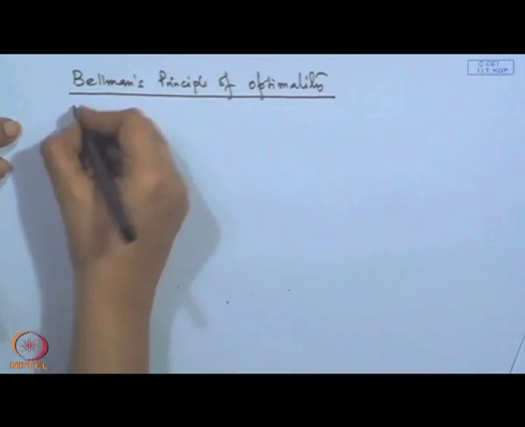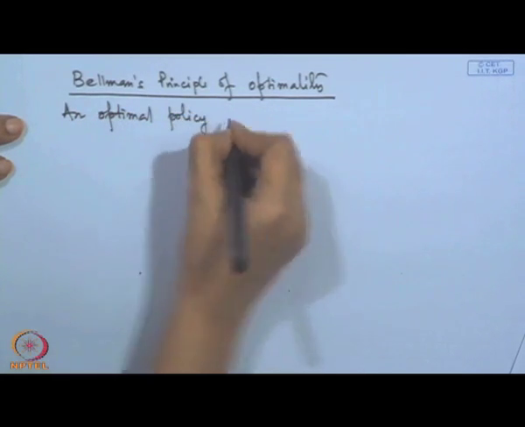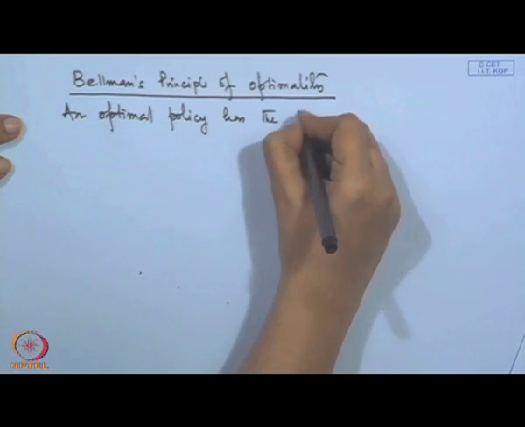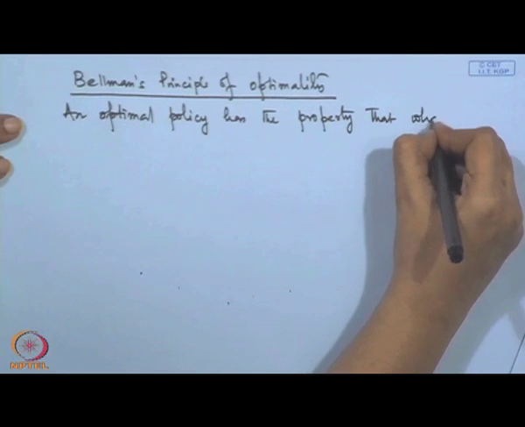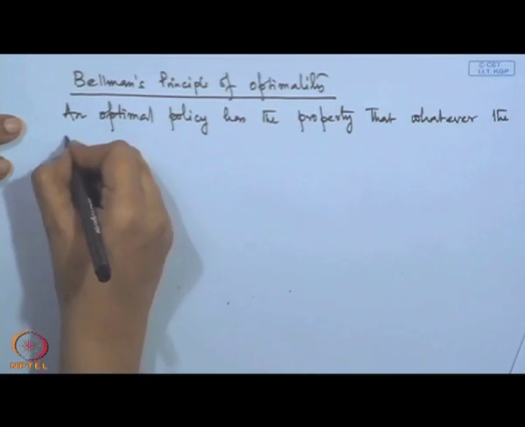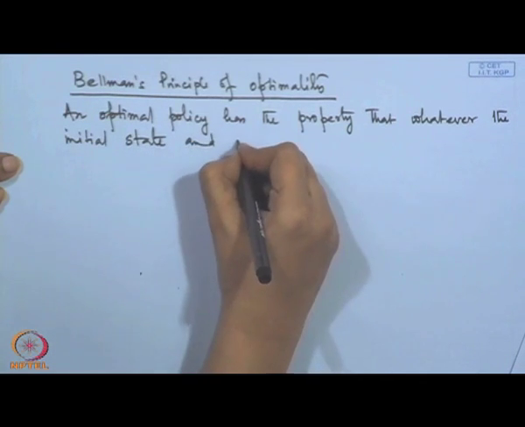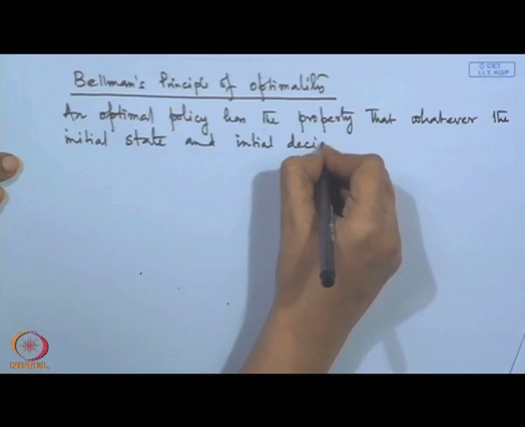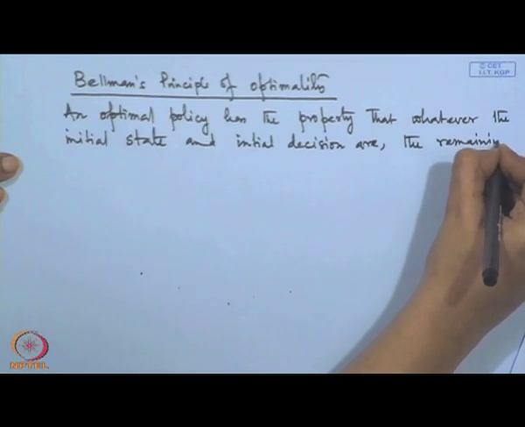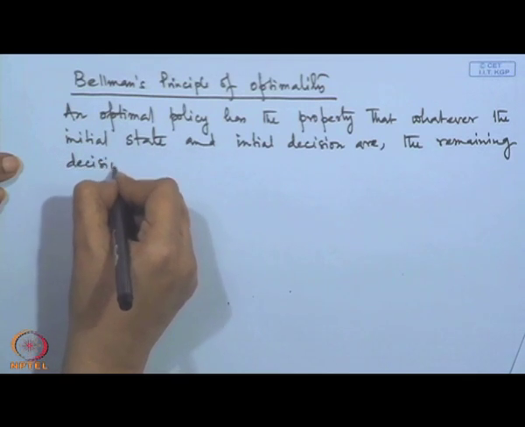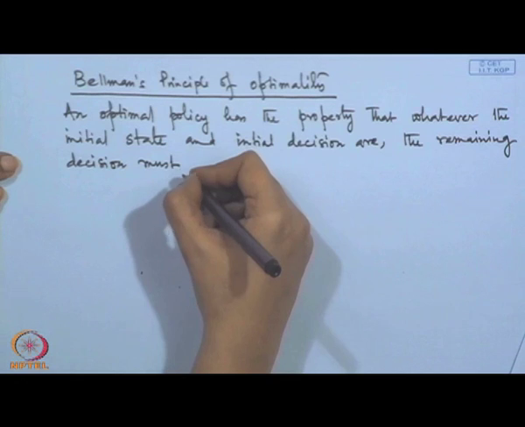If I write down formally the Bellman's principle of optimality, it says that an optimal policy has the property that whatever the initial state is, I am just copying the Bellman's principle of optimality because that is very important.